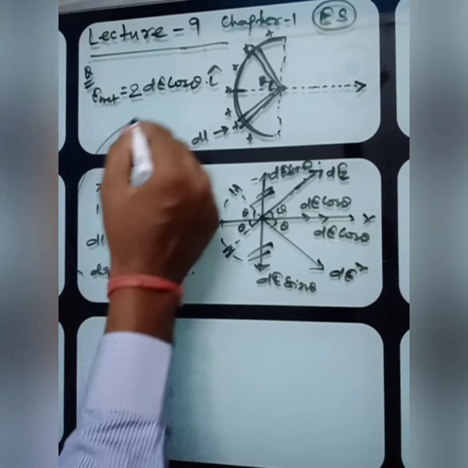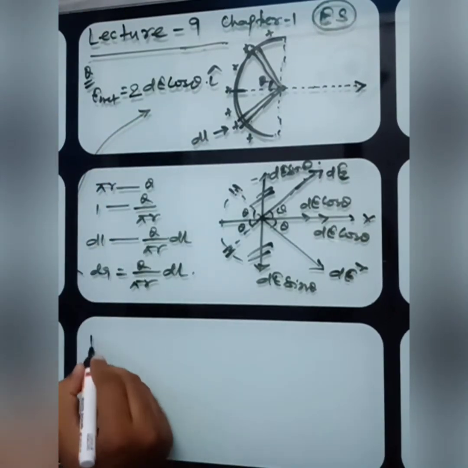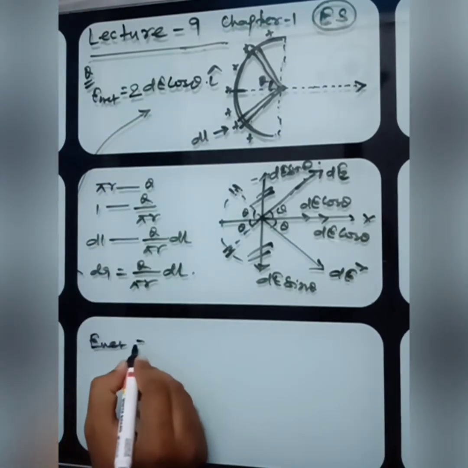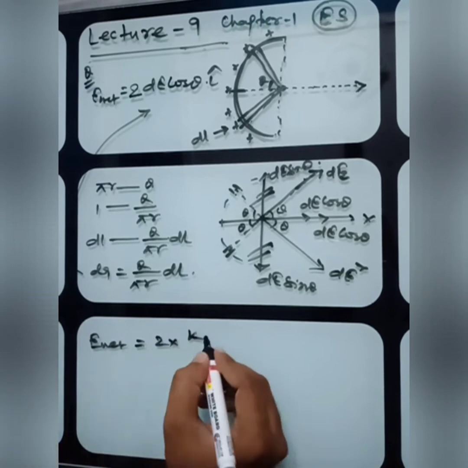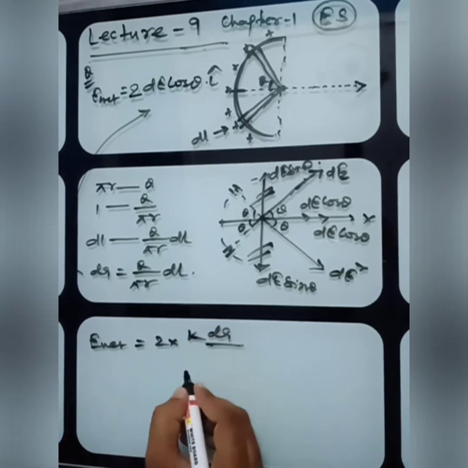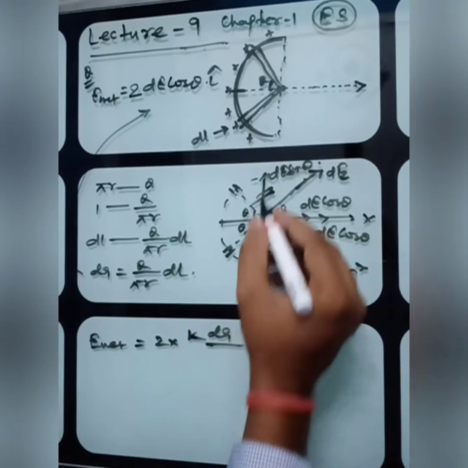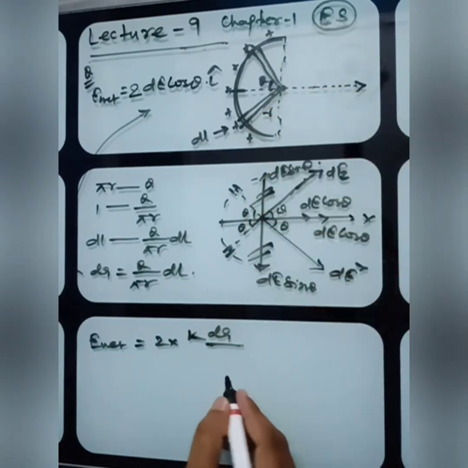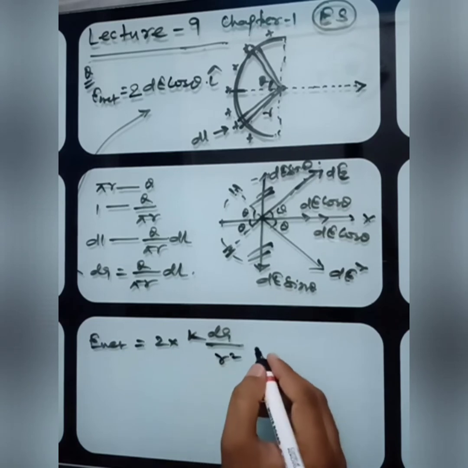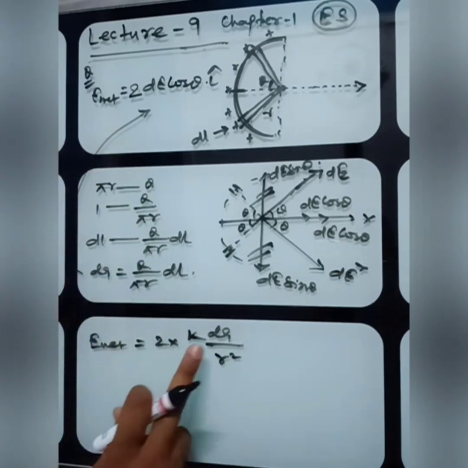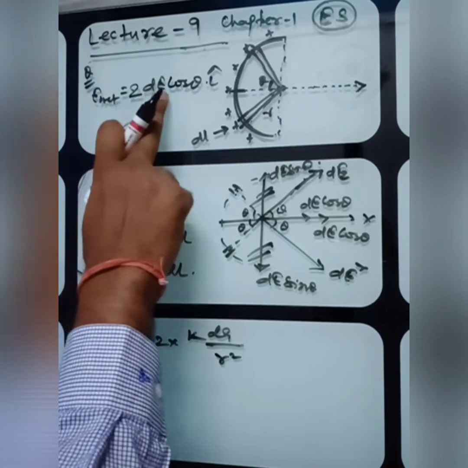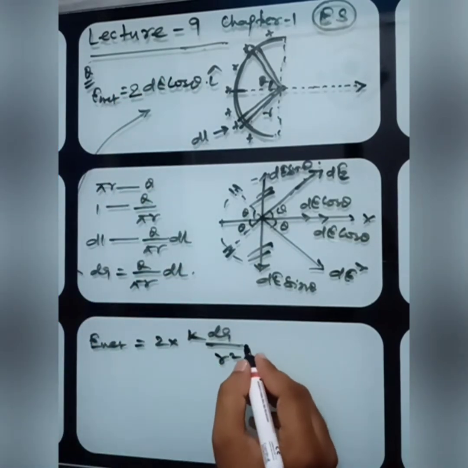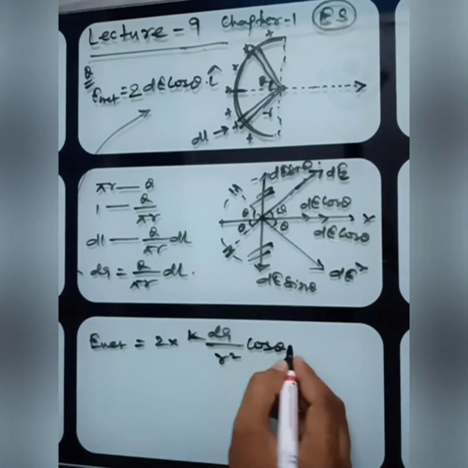Now you will put this value over here. E net is 2 kq by r square. This is the observation length, it is nothing but the radius. So it is kq by r square, 2 to dE. Now cos theta.